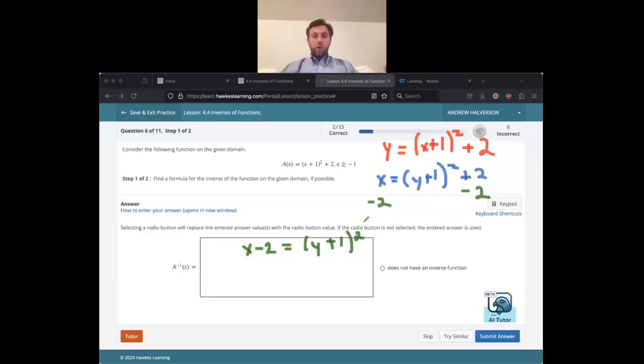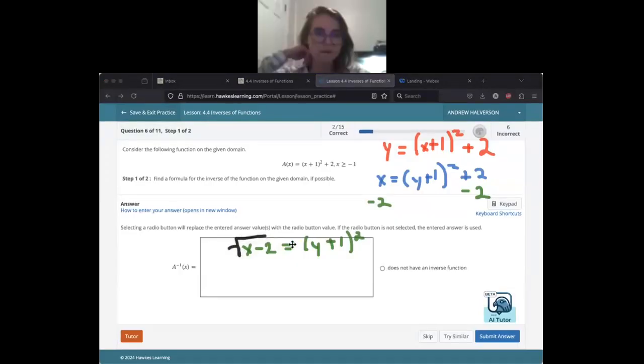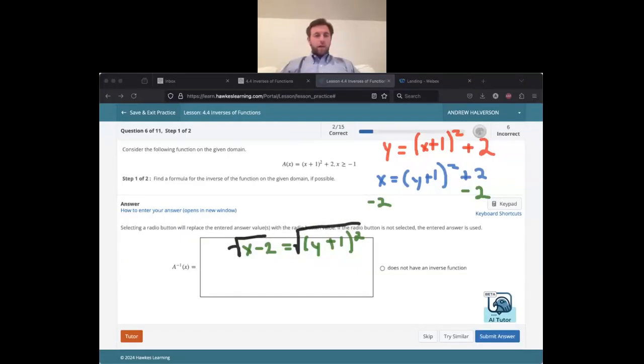How do we get rid of a square? What's the opposite? Square root. You got to do it to both sides. And so what does that give us? The square root of x minus 2 equals y plus 1.